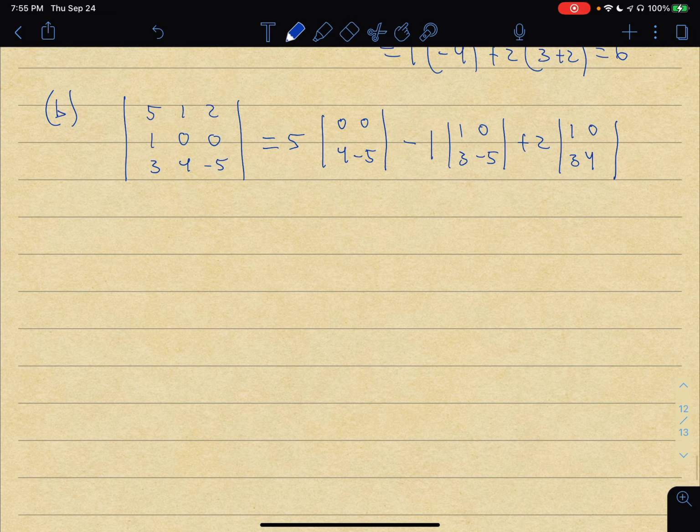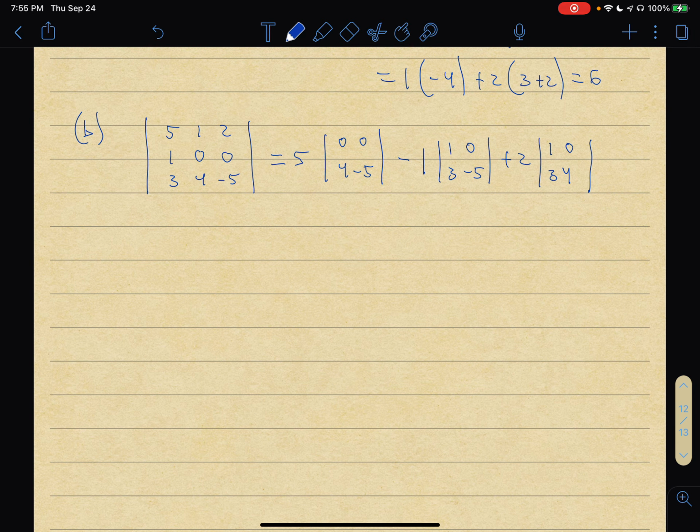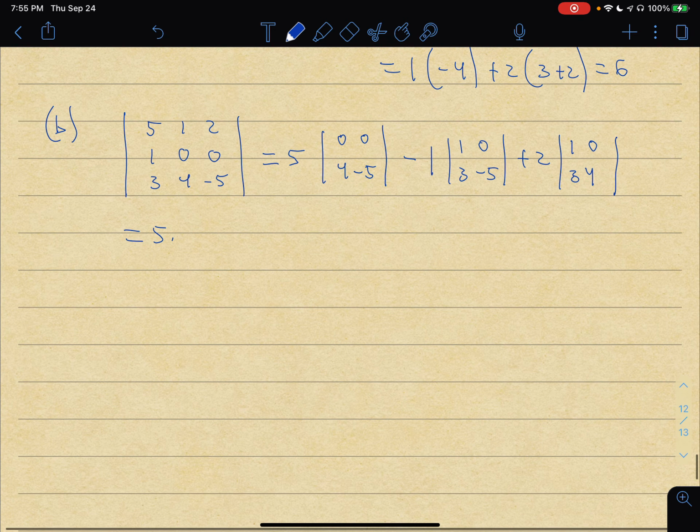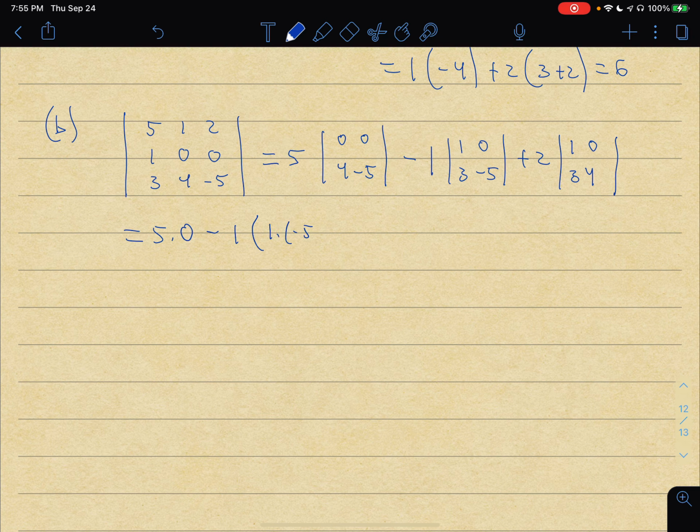And so now calculating all of these 2 by 2 determinants, we have 5 times, well, that first determinant is 0 times minus 5 minus 0 times 4, 0, so it's 5 times 0, minus 1 times minus 5 minus 0 times 3, plus 2, 1 times 4 minus 3 times 0.